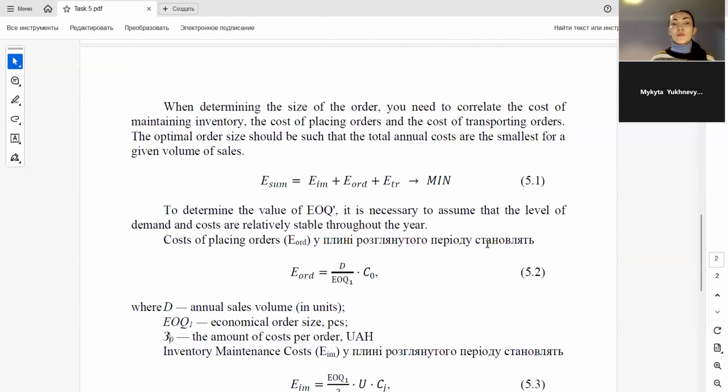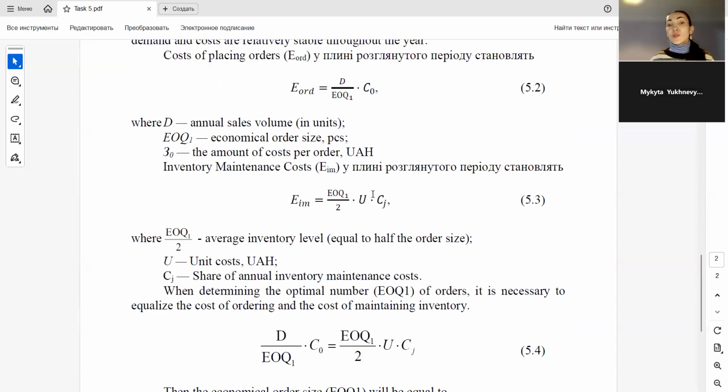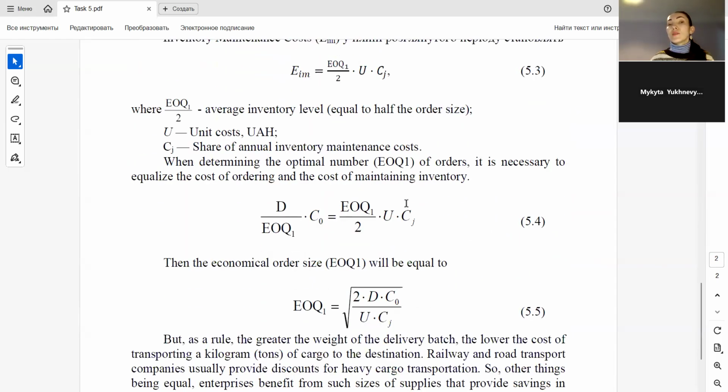We come back to formula 5.3. The result will be in green, and we leave 2 symbols after the comma.